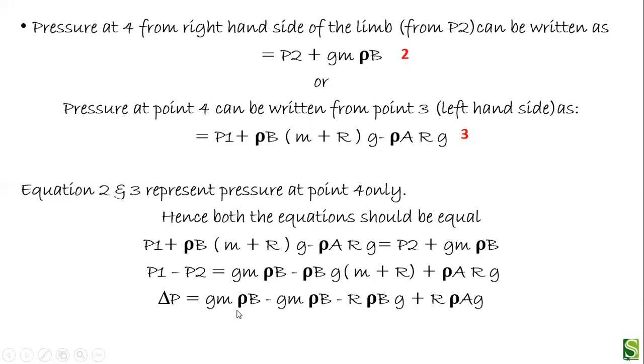After cancelling, what is remaining with us? This negative sign we will take on this side. So we can write delta P is equal to R G, where R is common and G is common, times (rho A minus rho B). Now we can say the difference in pressure is related to the difference in density.